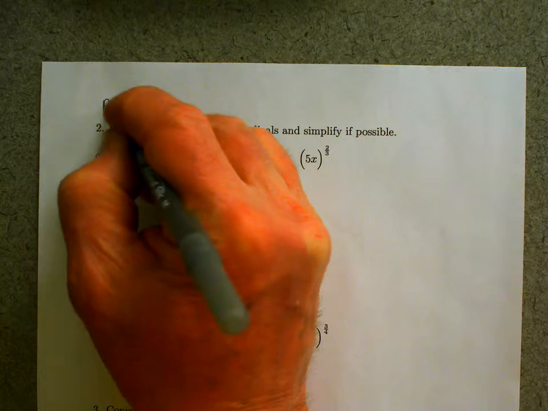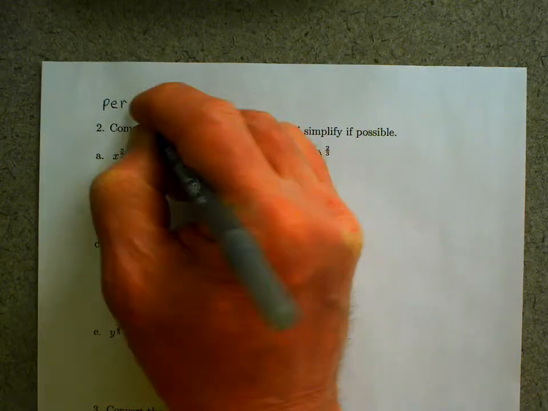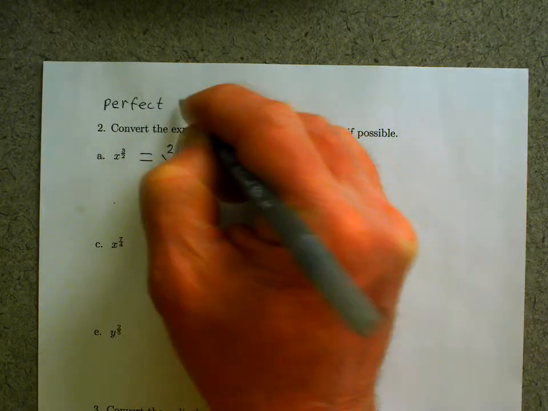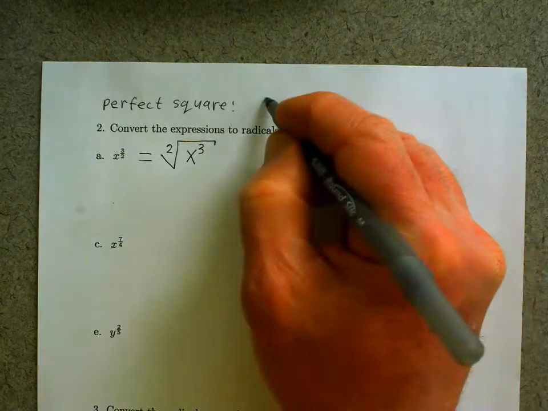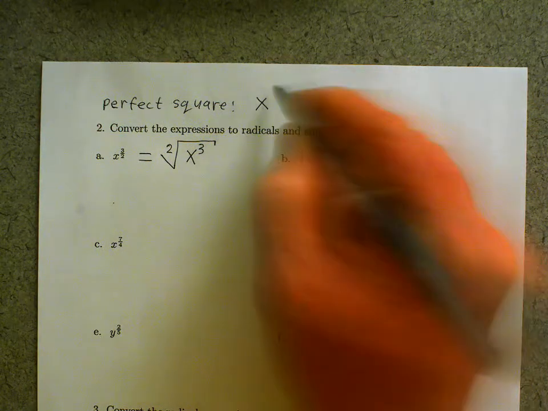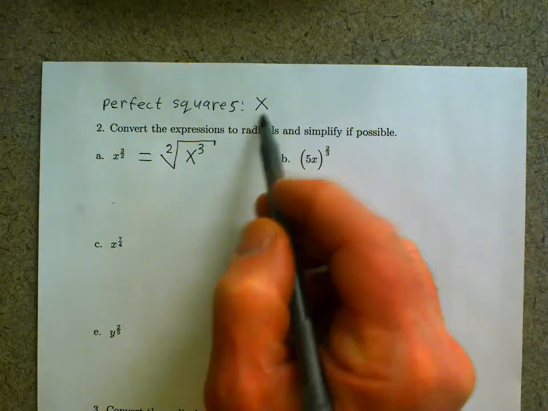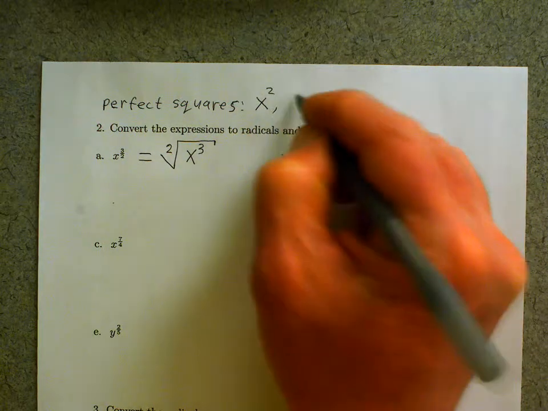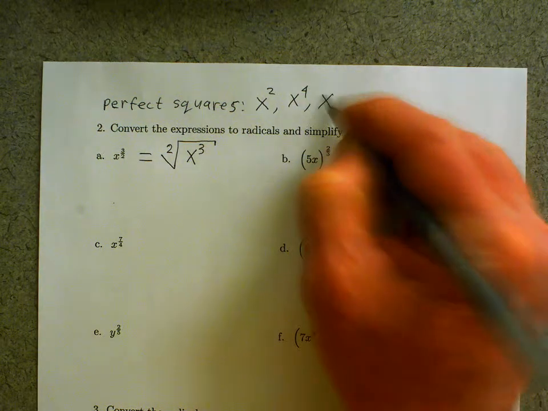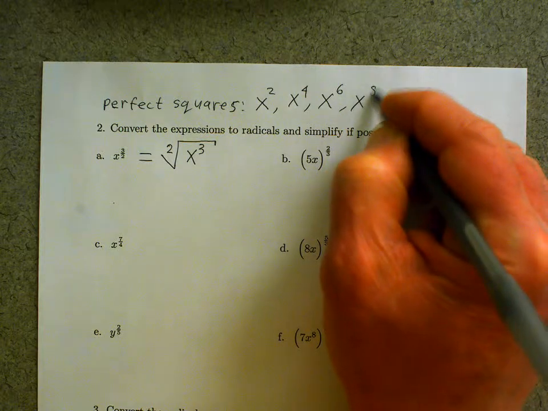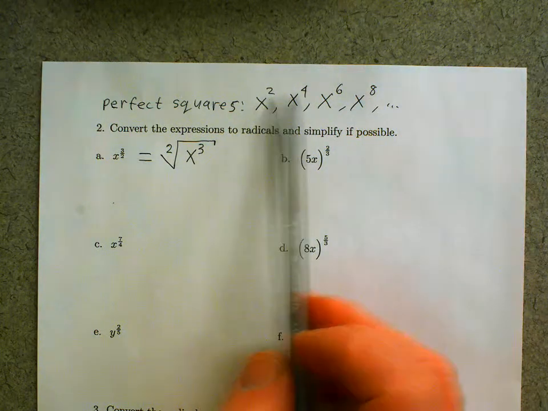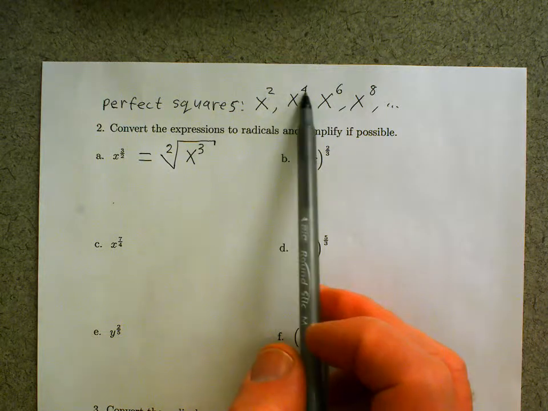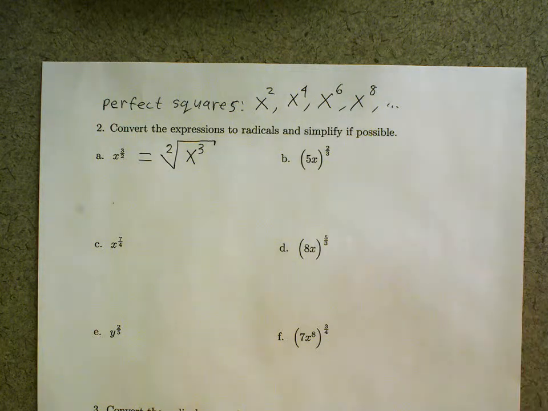Remember, with terms with variables and exponents, a perfect square is a variable raised to an even exponent. So x to the 2nd, x to the 4th, x to the 6th, x to the 8th, and so on. If the exponent is a multiple of 2, or if it's an even integer, it's considered a perfect square.